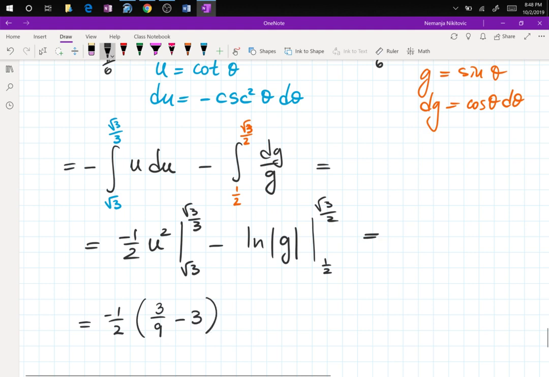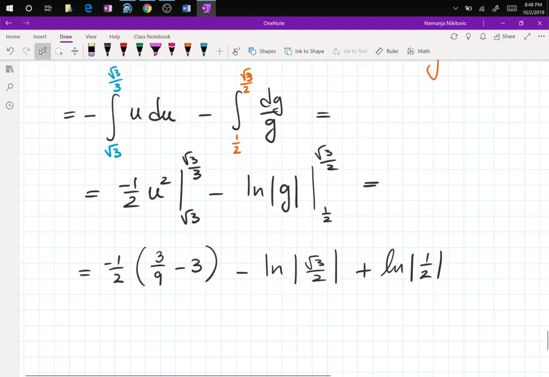Minus ln of g over here is root 3 over 2, and then plus ln 1/2. We can drop these absolute values because these are positive numbers. Minus in front of ln, and the minus from the fundamental theorem of calculus gives us a plus there. So now I have, that's a 1/3. So that's negative 8/3. So negative 1/2 times negative 8/3.